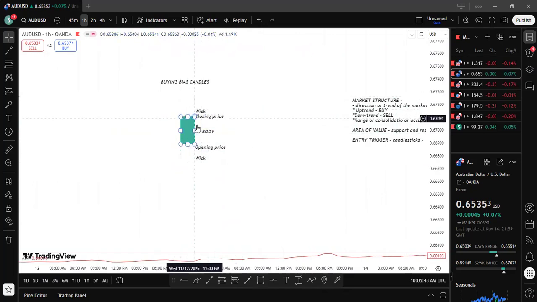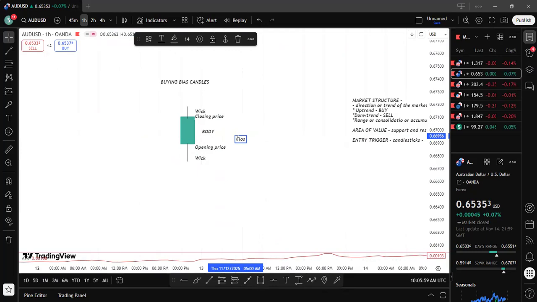So in a bullish candle, you see the opening price is below the closing price. The closing price is greater than the opening price.